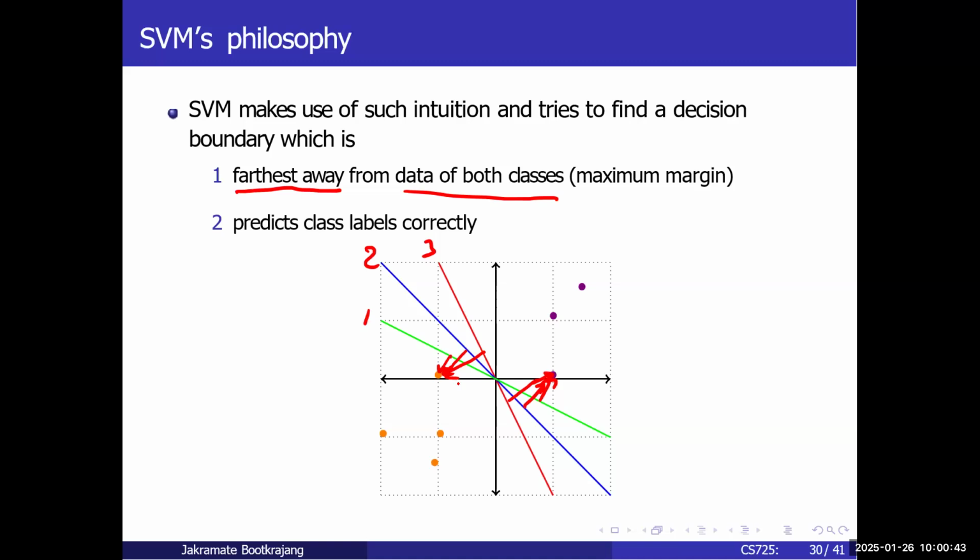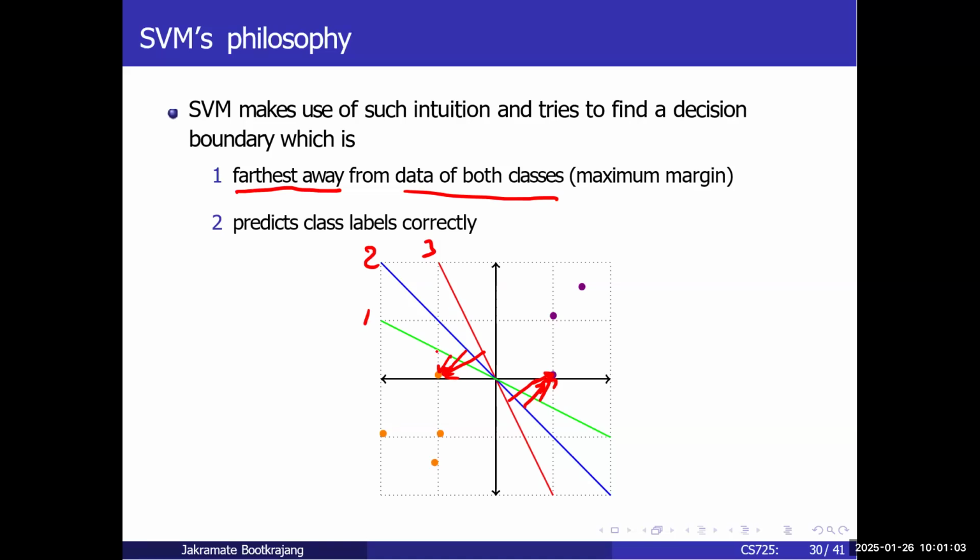As you can see, the red line has the largest margin; the closest point to the red line is further away than the closest point to the other 2 lines.